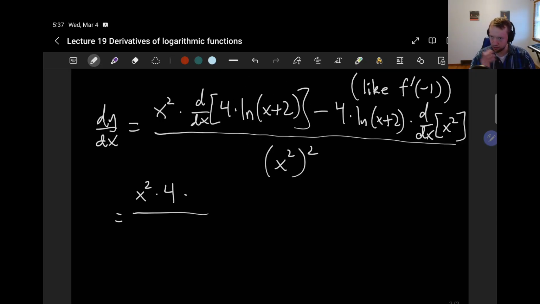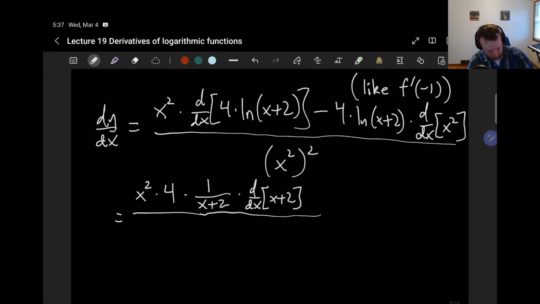I have x plus 2 plugged into ln. So it's 1 over that input times the derivative of that input, x plus 2. And the derivative of x squared is 2x.